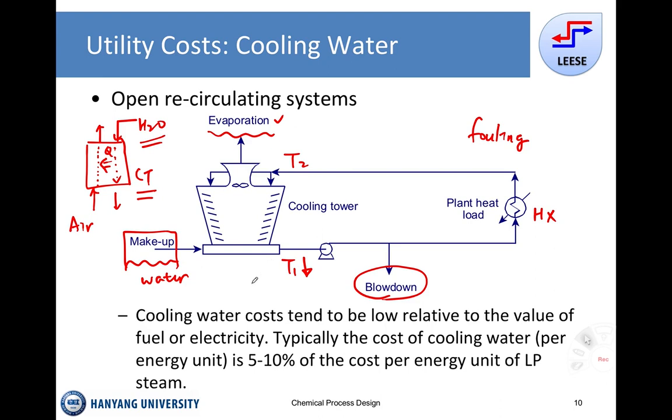So cooling water cost is typically low compared to fuel or electricity. Buying fuel is expensive, and buying power from an external company is expensive, but cooling water is not that expensive. Compared to LP steam, typically the cost of cooling water is 5 or 10% of the cost.